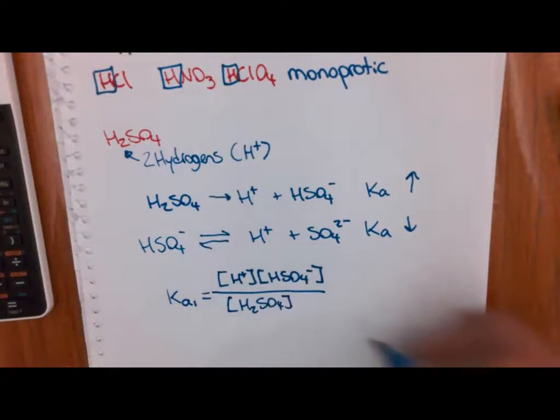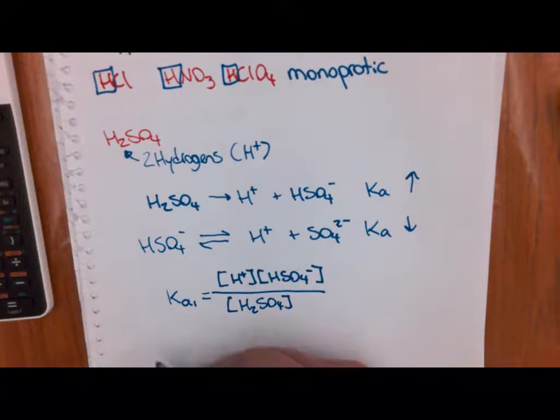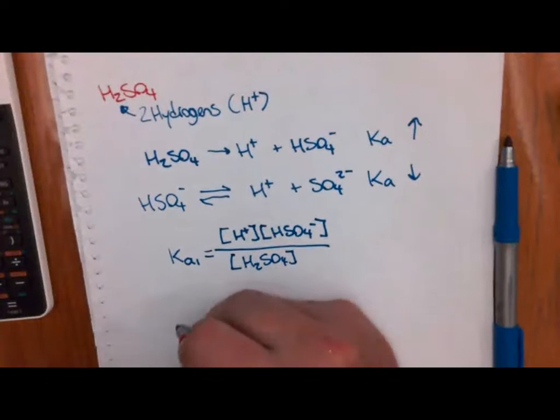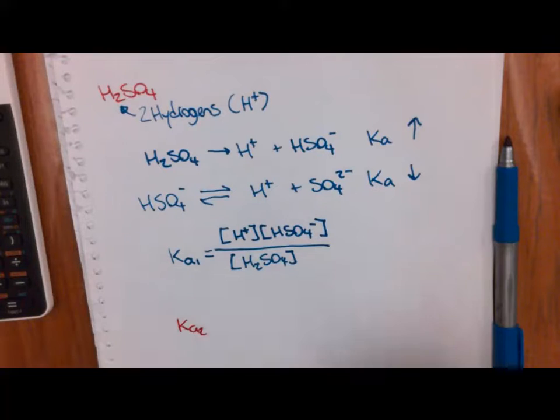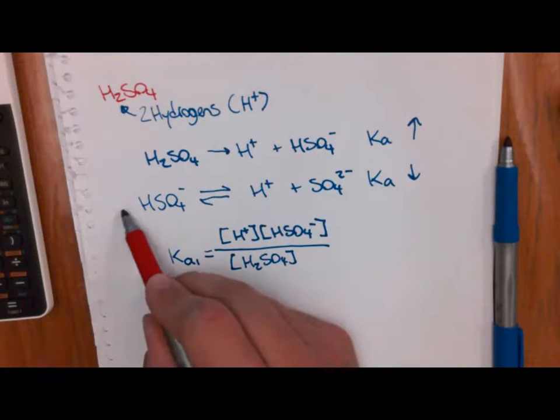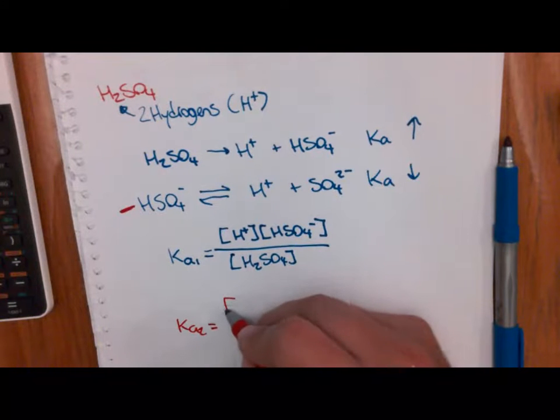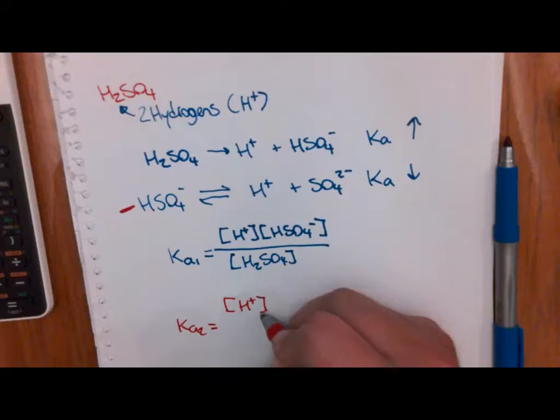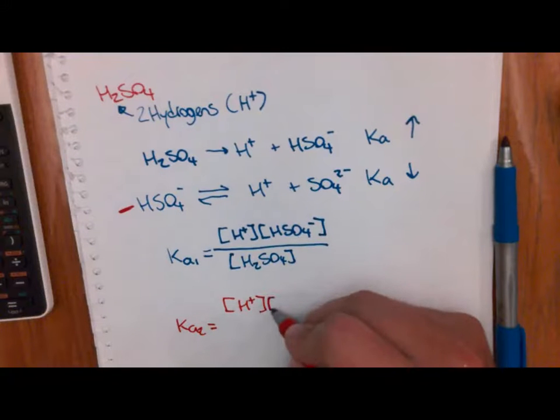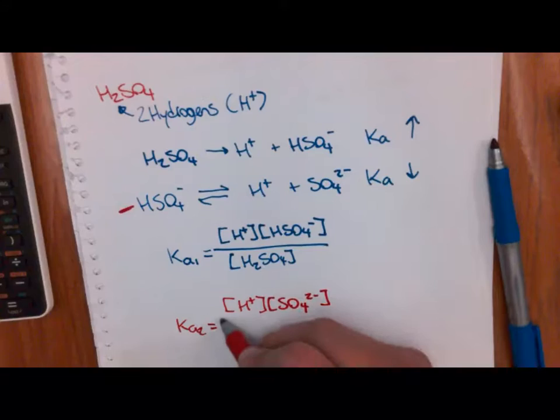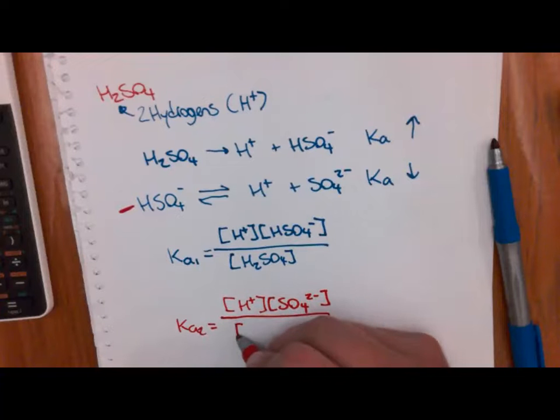So nothing's different. And your Ka2, I'll do that in a different color, is the exact same thing, we're just now using this second reaction. It's going to equal the concentration of H plus times the concentration of SO4 2 minus, all divided by the concentration of HSO4 minus.